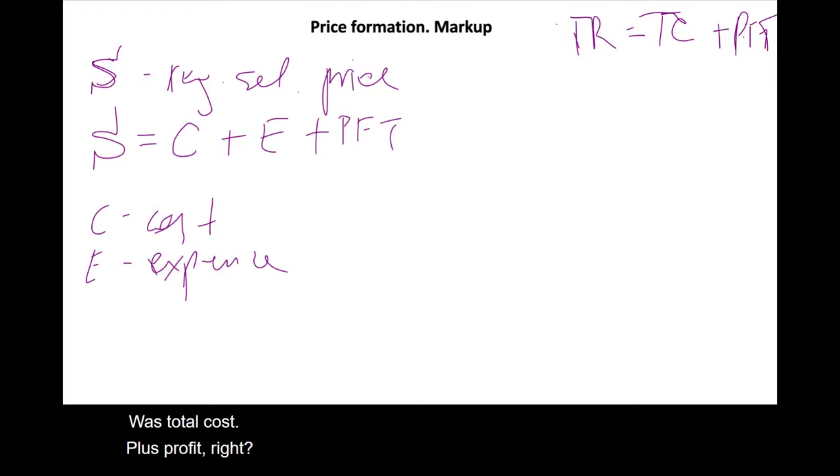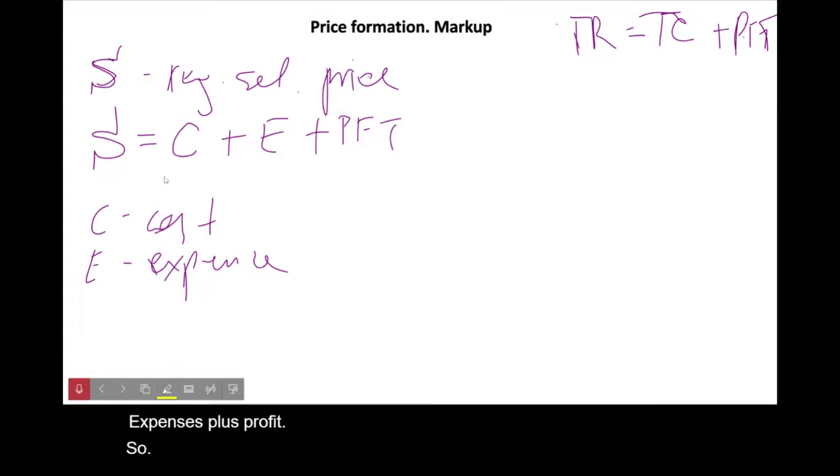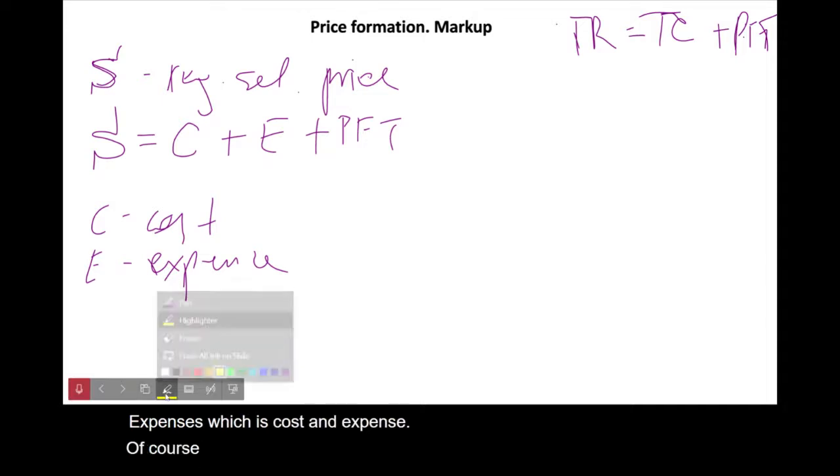Same stuff here. Price S is cost plus expenses plus profit, where cost and expense are the costs of the business.